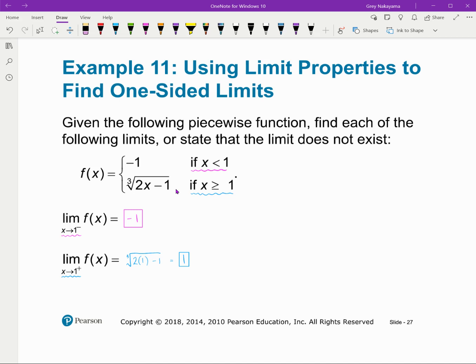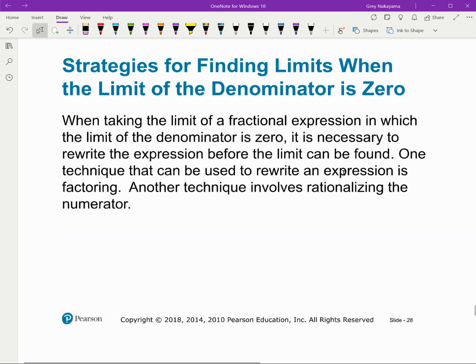So what is the limit? Remember when we looked at graphing or tables, if these two numbers are not the same, then the limit does not exist, okay? One-sided limits will always exist, but the limit as x approaches 1 doesn't exist if I have two different numbers going on here, okay?